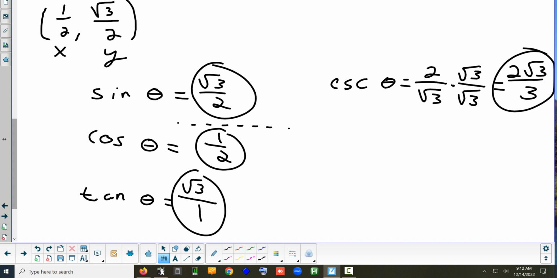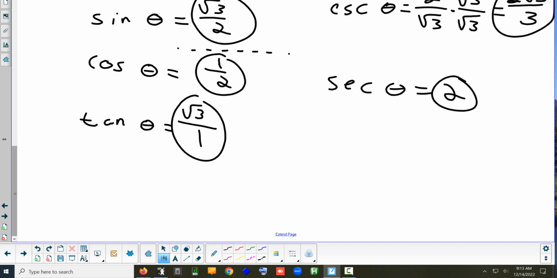Okay, Eileen already gave us the secant. That's 2 over 1, or just 2. And lastly, my cotangent. You don't have to fix it right away. I just want to know what the first step would be to get the cotangent. 1 over the square root of 3. Yep, it'd be 1 over the square root of 3.